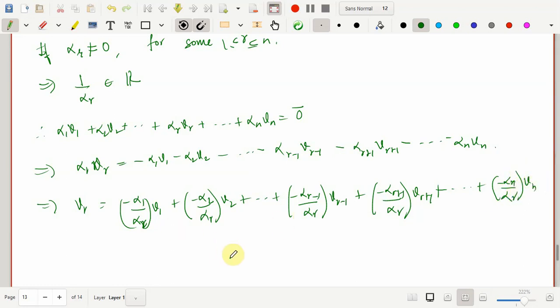This makes sense because 1 by alpha r makes sense. So this is what we have observed.